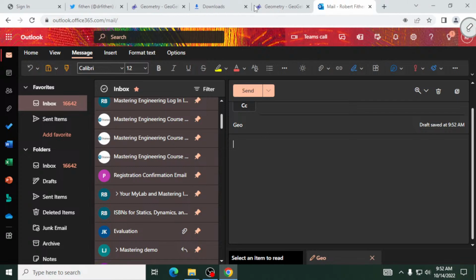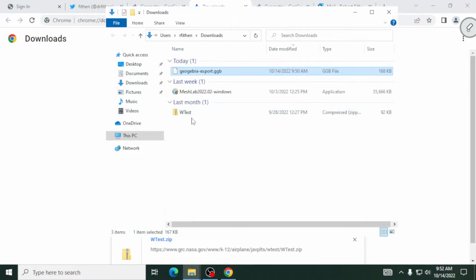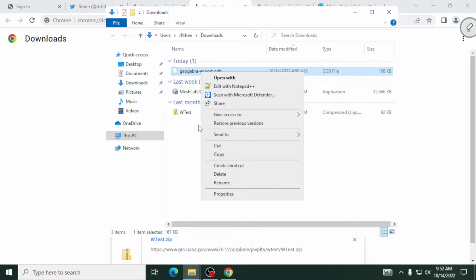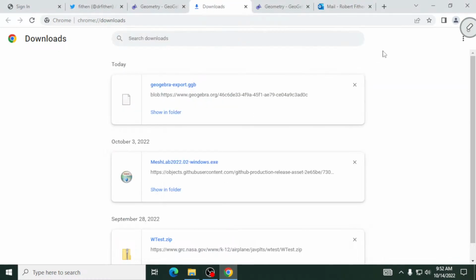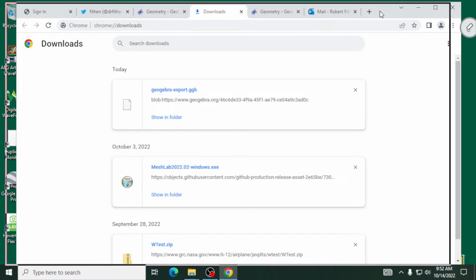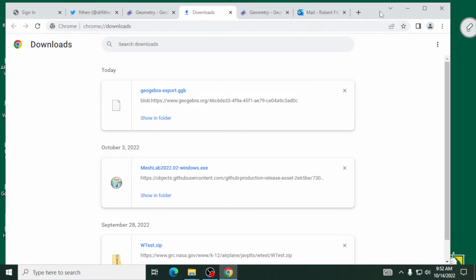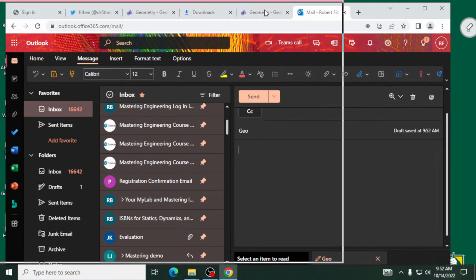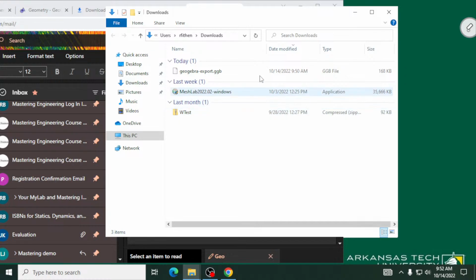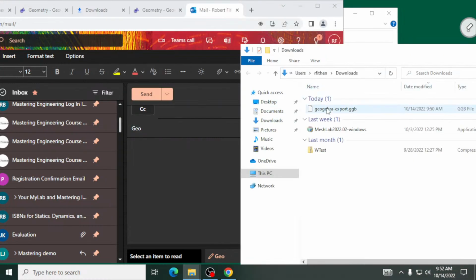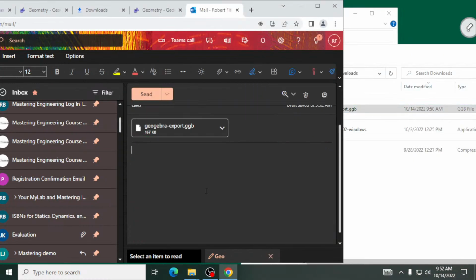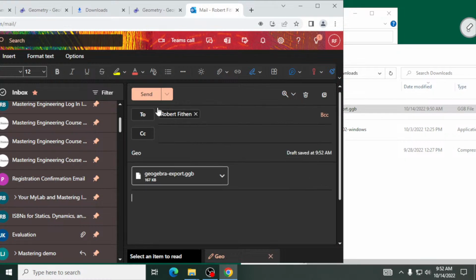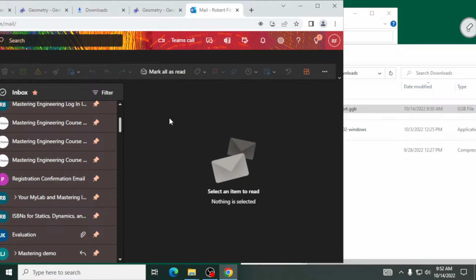Downloads. Open in folder. Okay, there I am. And what I'll do is I'll just drop it there. And let's see if I just send it. I want to make sure it shows up first.